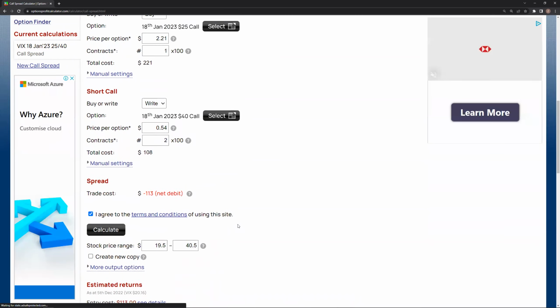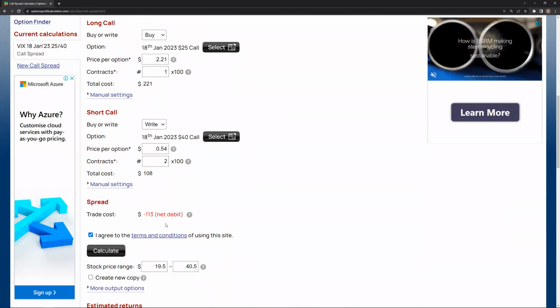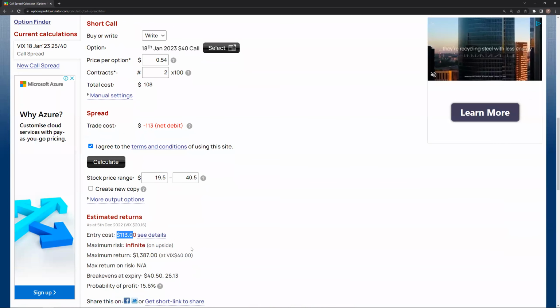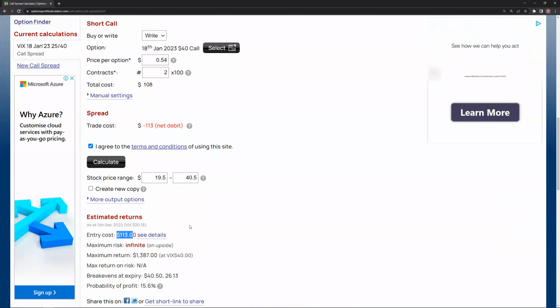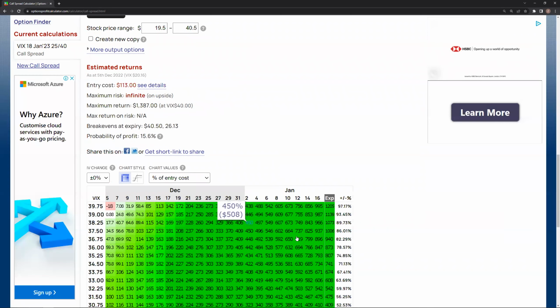So the thing about doing a 1:2 ratio is that firstly, your entry cost is reduced drastically, but at the same time, your risk-reward ratio is going to skyrocket simply because your entry cost is reduced drastically. But this maximum risk infinite is a little bit exaggerated. It is better for you to look at this chart manually.